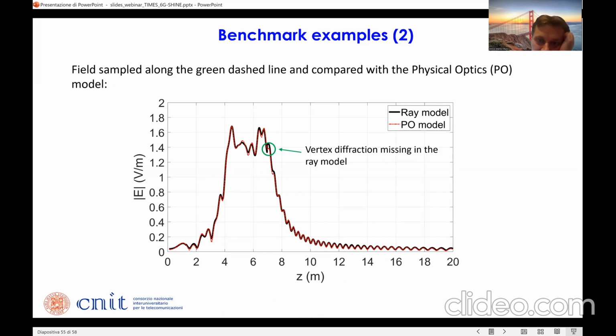We can clearly see that the trend is the same and the two lines are nearly coincident, except for a few points. In particular, in this point here, we can see a small deviation, and this is due to the fact that at the moment in the proposed ray model, we miss the vertex diffraction. We only consider diffraction from the edges.